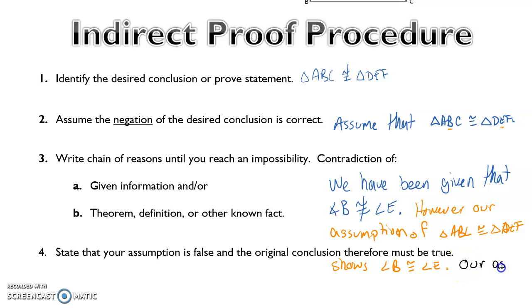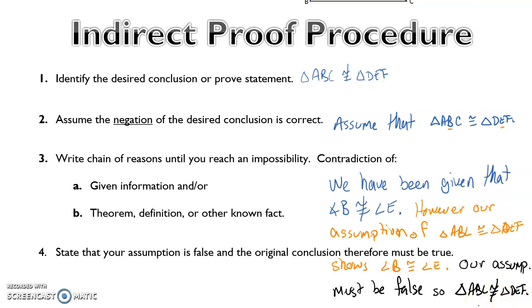Our assumption must be false. So triangle ABC is not congruent to triangle DEF.